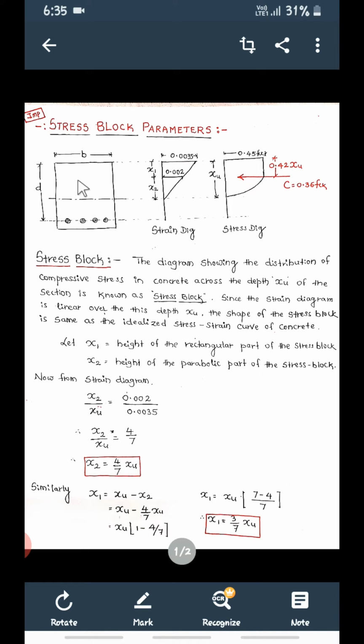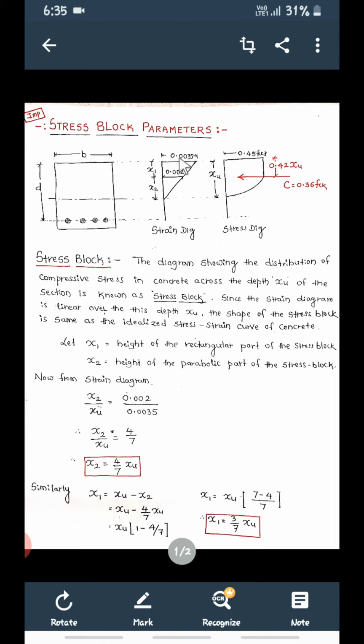This is the cross section of the beam. This is the strain diagram. See, it is in the form of a triangle. This portion is for the concrete, and for steel it is just a line. You can see here 0.0035.